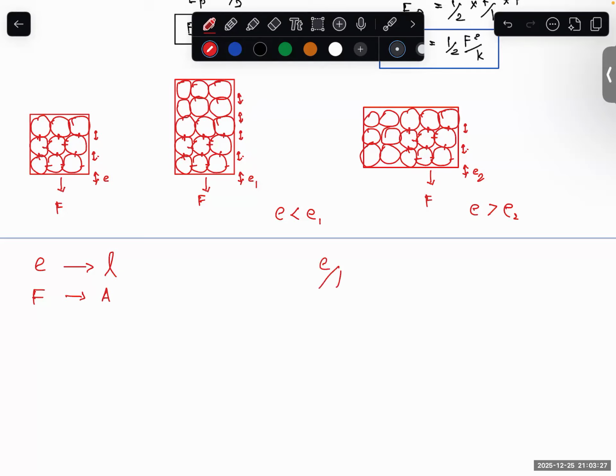Now comes the parameters e by L and F over A. We talk about the extension per length. So that is strain. And force per area, that's called stress. This is applied only when the force is longitudinal.